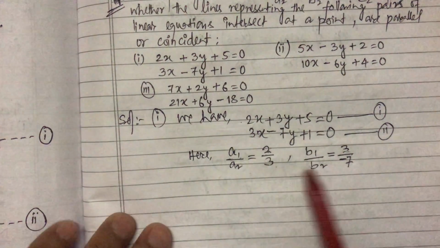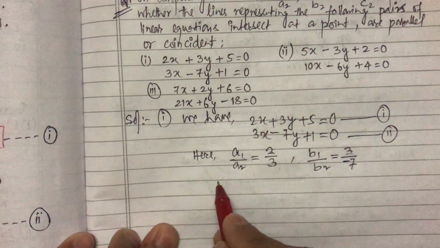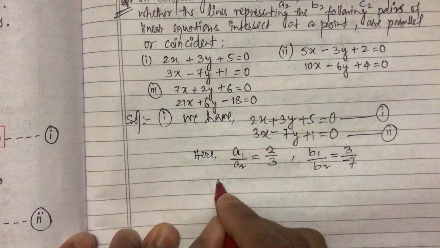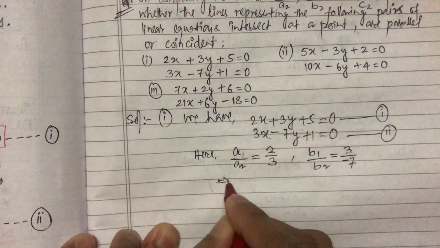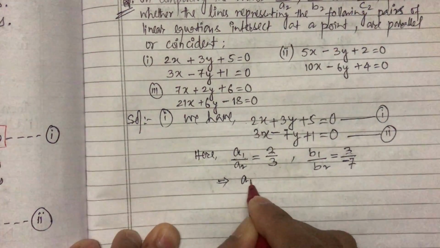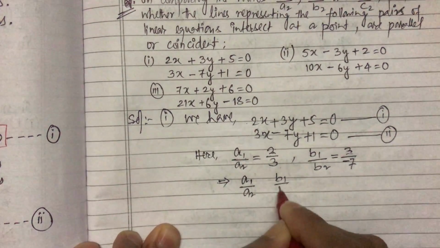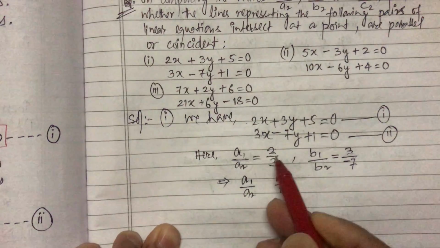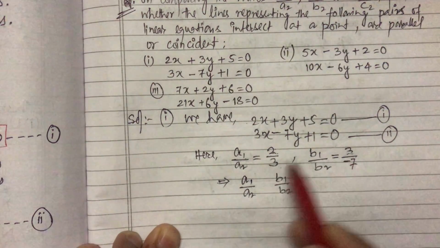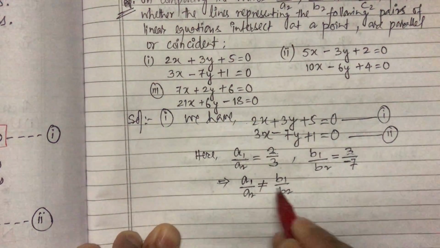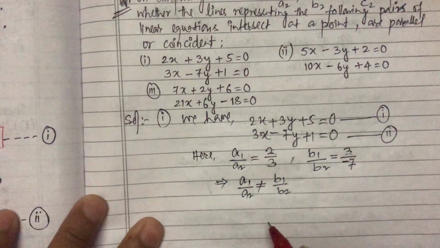Here these two are not equal, so I don't need c1 by c2. So I can conclude here that a1 by a2 and b1 by b2 are not equal.